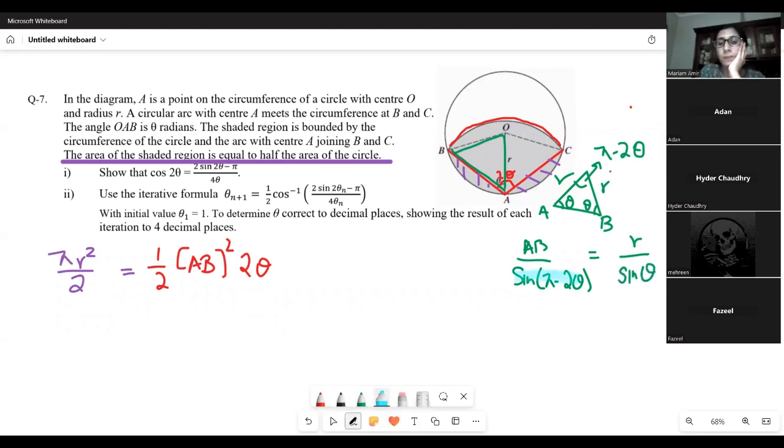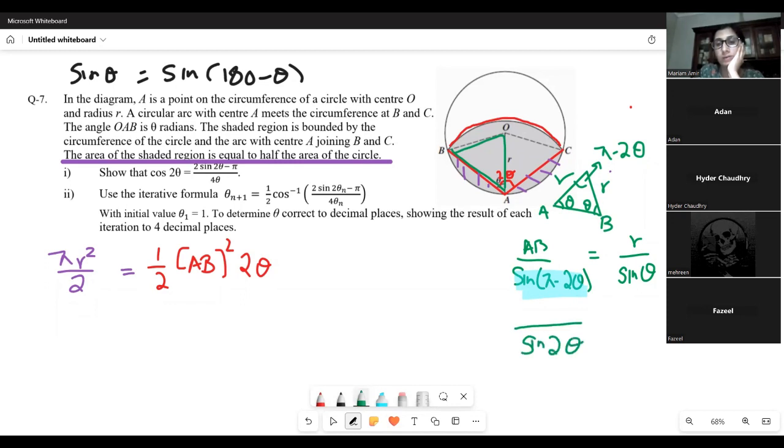What is sine pi minus 2 theta? You know this formula from O levels, that sine theta is equal to sine 180 minus theta. So sine pi minus 2 theta is just sine 2 theta. AB, and we have R by sine theta.